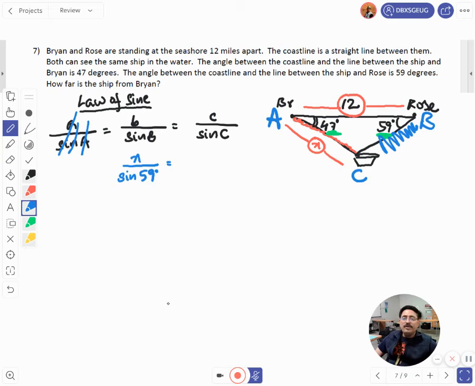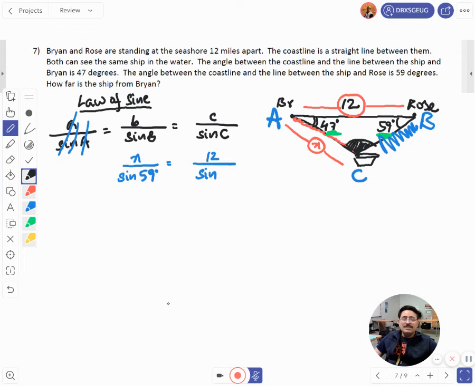Then lowercase c, you see that it is 12 miles, which is opposite to angle C. Then sine C. What is the angle? Actually here the angle is missing. We know two angles and we have to figure out what the angle is here.